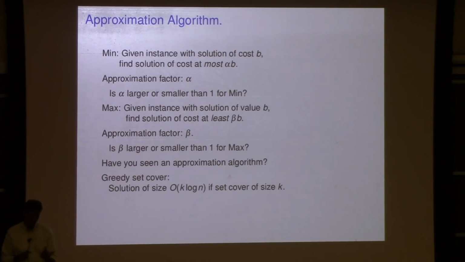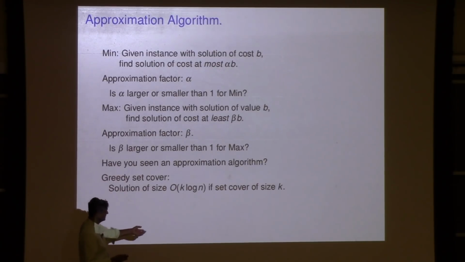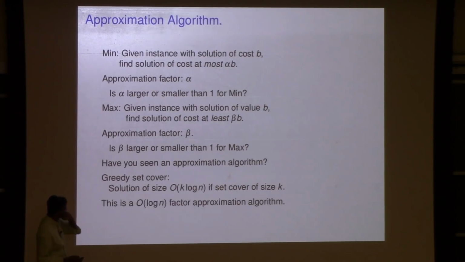It doesn't say that for some instances it can't do better. That's not what approximation algorithm means. Some problems, it may just give you the right answer. But what an approximation algorithm is, you prove that every instance you're going to do at least this well. I don't know whether this is well or not, but this is what we can prove. And this is an O of log n factor approximation algorithm.